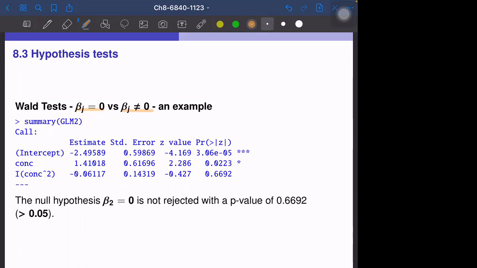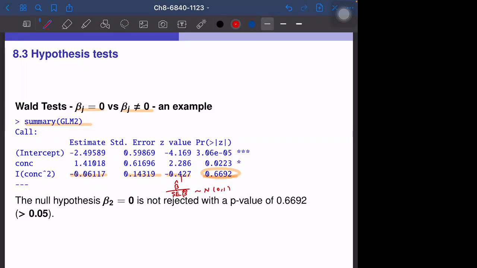So if we see the summary of the GLM2, we can see the estimate as well as the standard error of the estimate, the Z value and the P value. And actually this P value corresponds to the Wald test. So the Wald test is basically beta hat divided by the standard error of beta hat. So this value is approximately normal 0, 1.